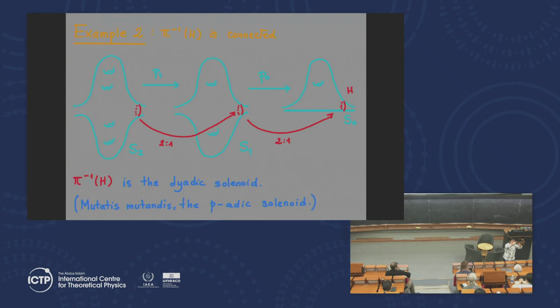The monodromy of this curve on top is C goes to C2. So it's the expanding map, the doubling map, on the Cantor set. Yeah. Okay.